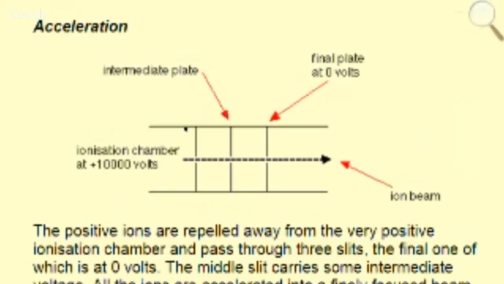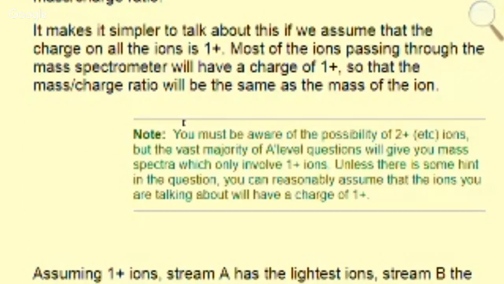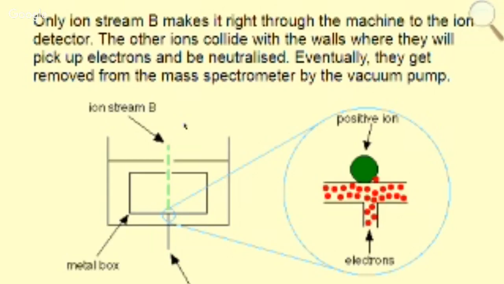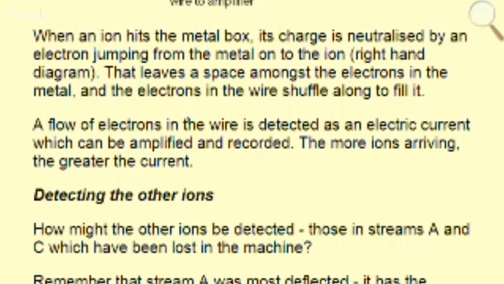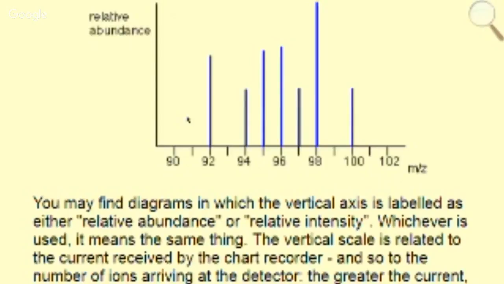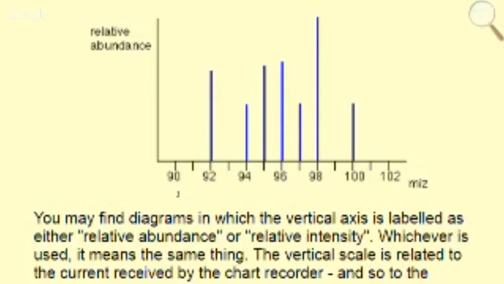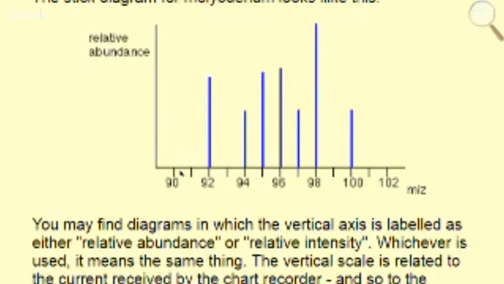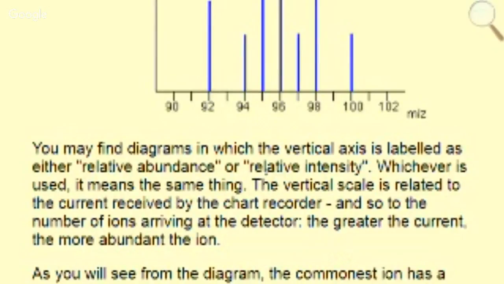So essentially it's to do with the deflection and a speed, or how heavy it is. And then you get a chart like this: abundance versus what is it, bottom line?